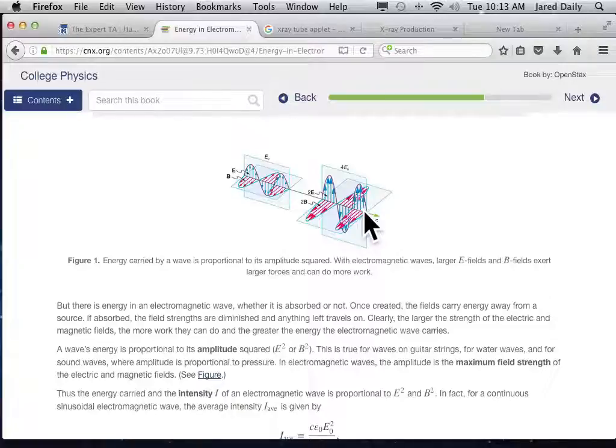But you also have to consider how often the wave is hitting the object that is absorbing the energy. So the frequency matters as well. It's particularly true in light waves because the frequency doesn't affect the speed of the wave. The frequency of a wave in water can affect the speed of the wave in water, but the frequency of the wave in light does not affect the speed of the wave in light. It's always going the same speed, so if you increase the frequency, you're going to get much more energy.